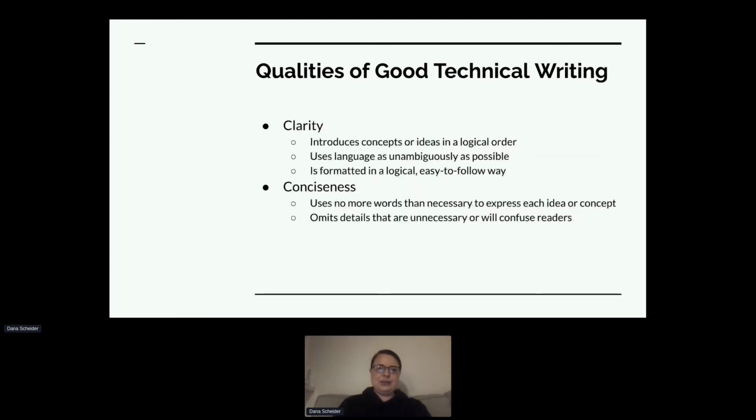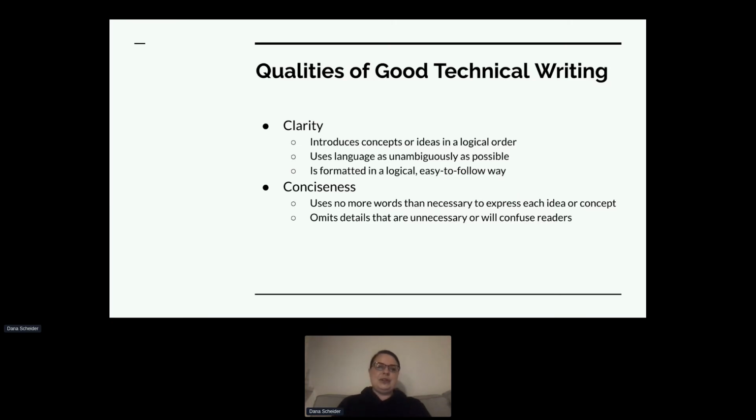Clarity. Clarity is really important in all writing, but especially technical writing, given that technical topics can be anything but clear. So you want to make sure that you're paying attention to the organization of your documents, that concepts or ideas are presented in a logical order so that the things that a person needs to know first are covered first, and then the things that they need that information to understand come later.